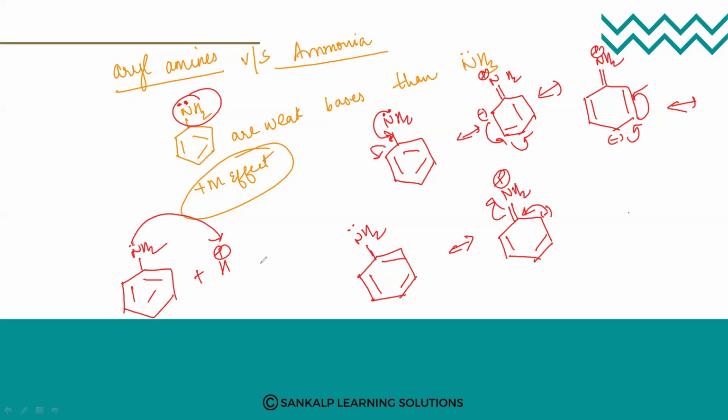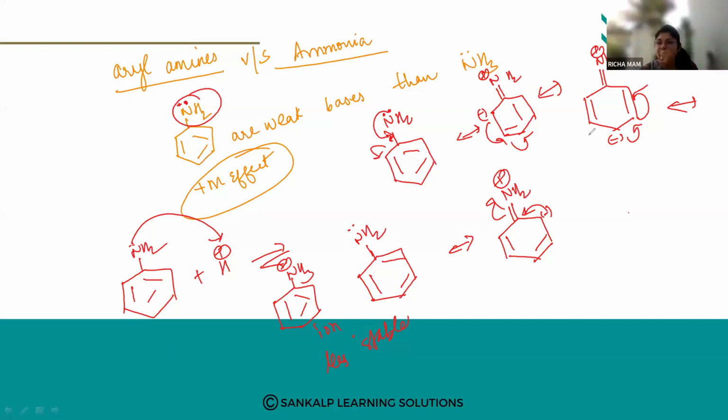It will take the proton and form an anilinium ion. This anilinium ion is less stable as compared to aniline itself. Because of that, your aryl amines are less basic in nature as compared to your ammonia. So they are less basic in nature. Okay, fine.